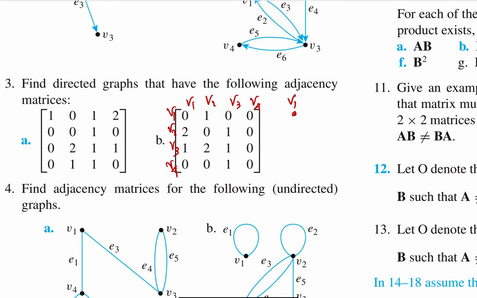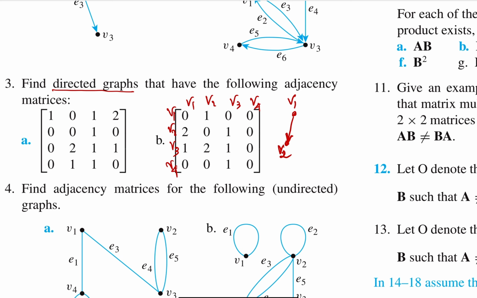Now V1 and V2, we have only one arrow going in this direction, because it's a directed graph. Be careful, it's a directed graph, so make sure to put the direction. Now V1, V3, we have nothing. V1, V4, nothing. When I say nothing, I mean no connection.